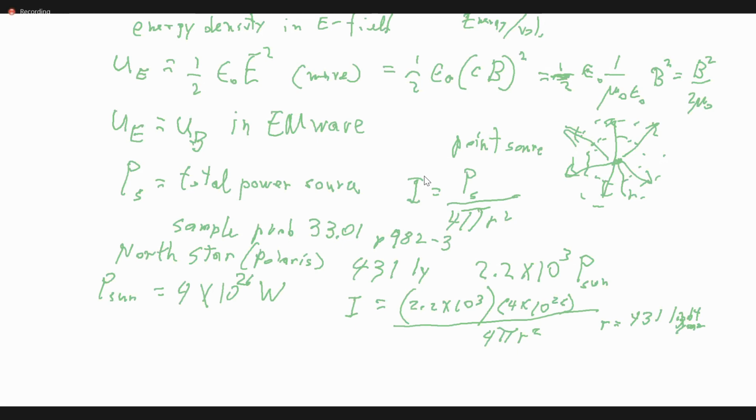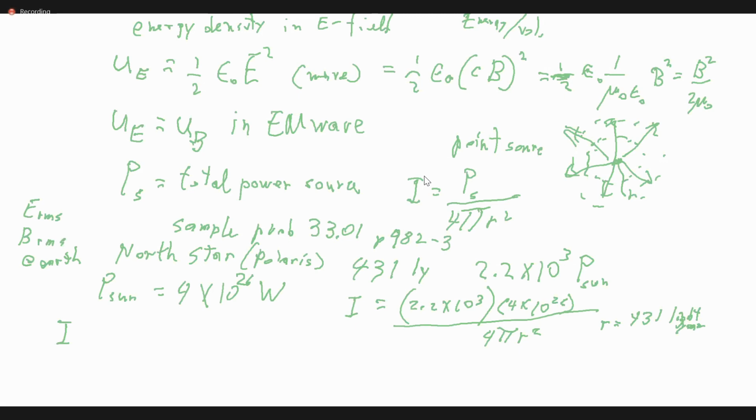What we want to get is the electric field RMS and the magnetic field RMS at the Earth. In other words, an observer on the Earth, what electric field would they detect from the light coming from Polaris?